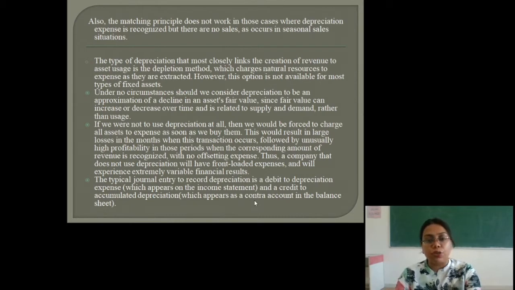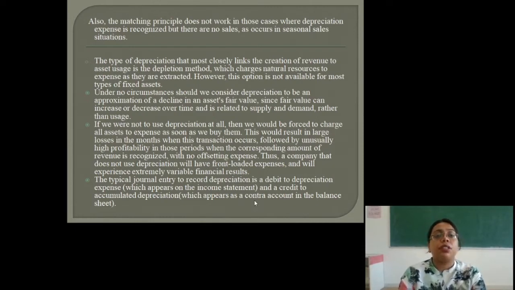Under no circumstances should we consider depreciation to be an approximation of a decline in an asset's fair value, since fair value can increase or decrease over time and is related to supply and demand rather than usage.